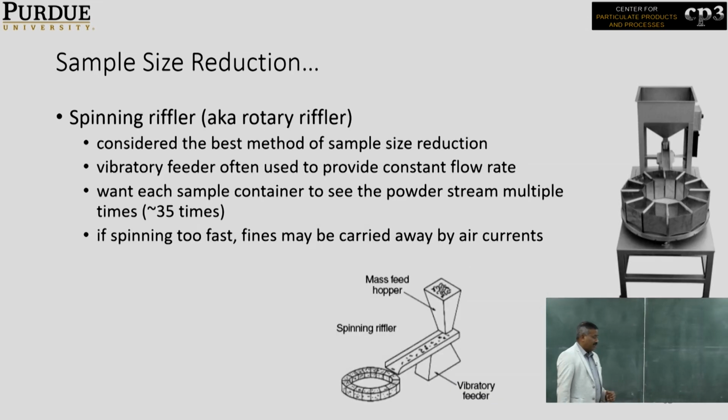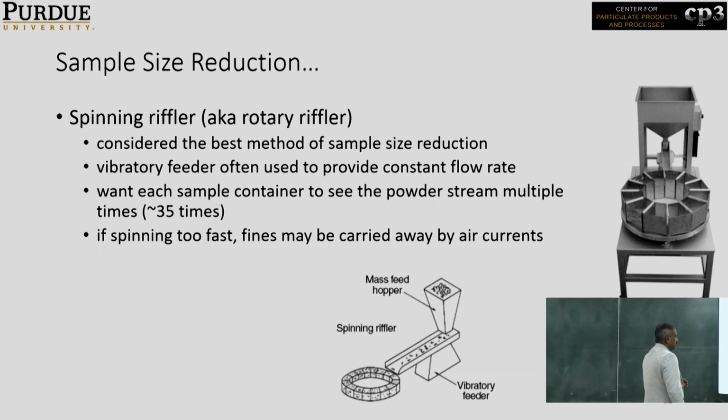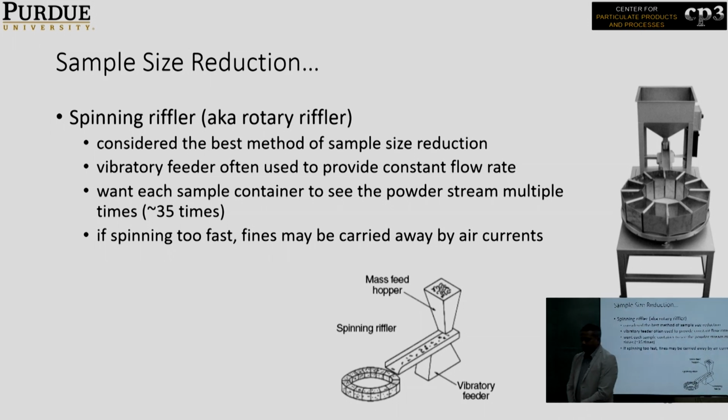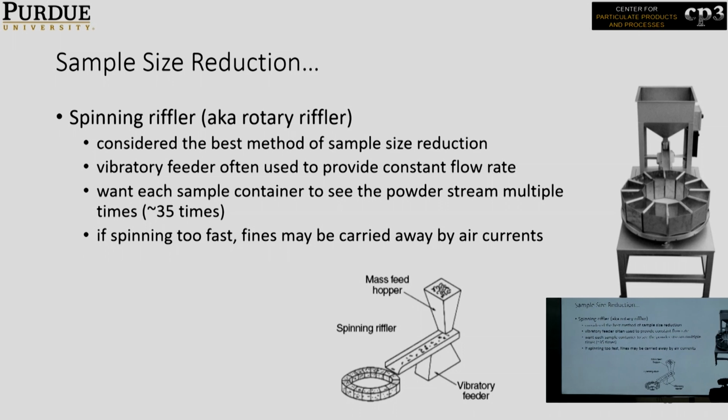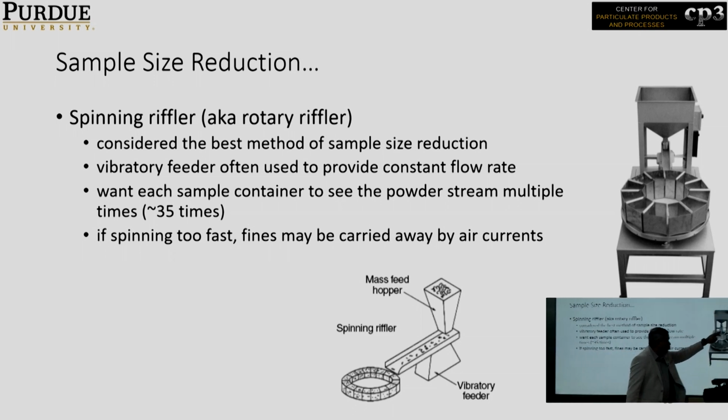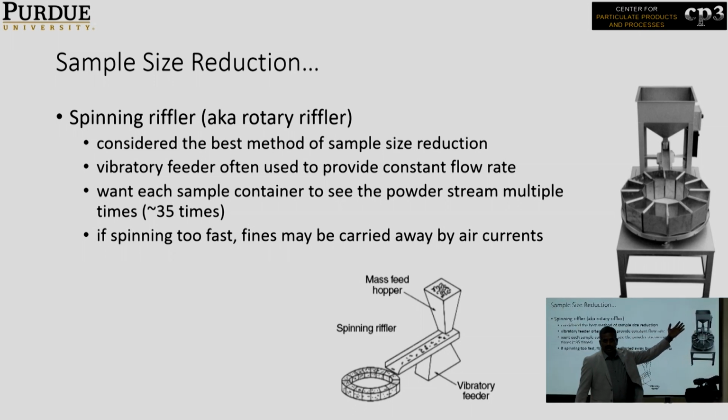The spinning riffler is the most accurate or most appropriate. I'm using a very old picture here, but there are much better looking spinning rifflers in the market nowadays. The operation is simple. You make the powder flow through a small chute or riffle system, and it flows equally into smaller compartments.